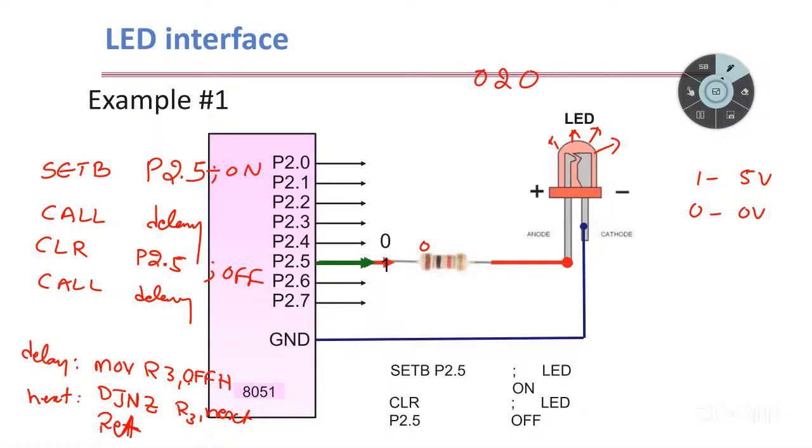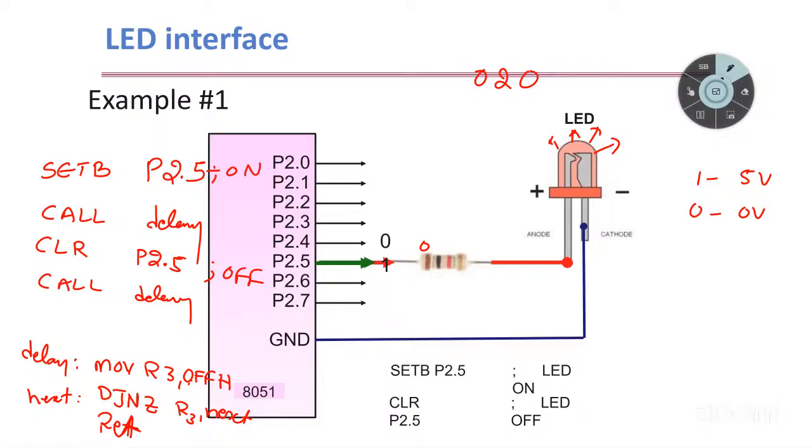The execution of this instruction is simple programming-level discussion, but one more thing: decrement, jump if not zero. For every execution, R3 will be decremented by 1.